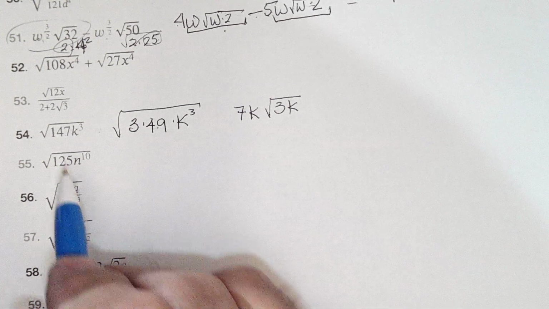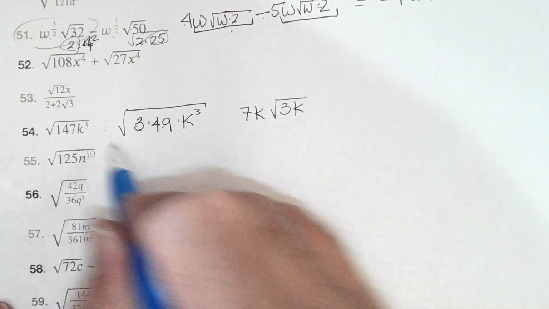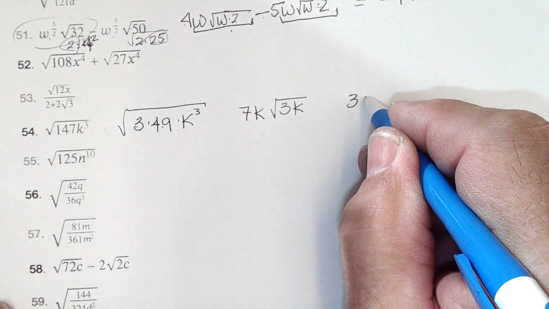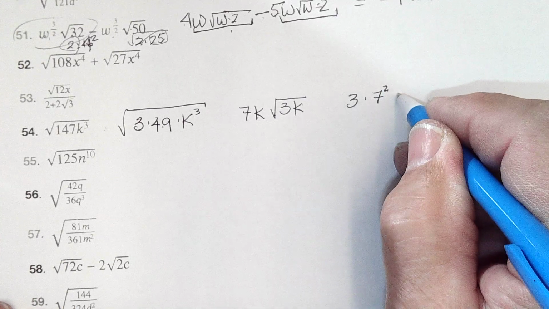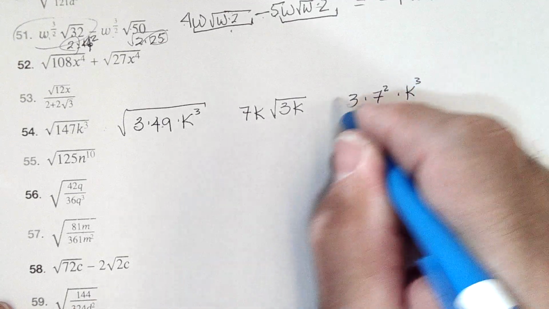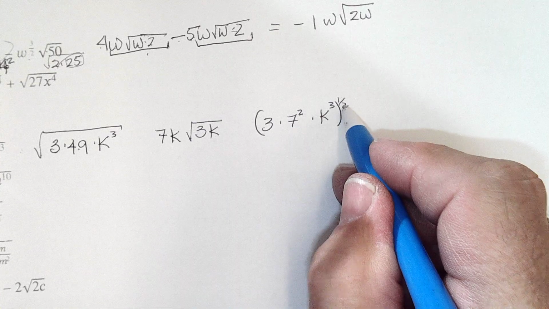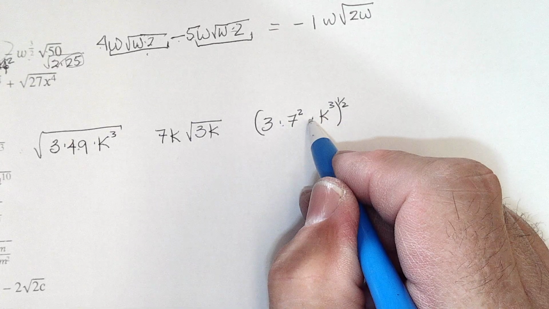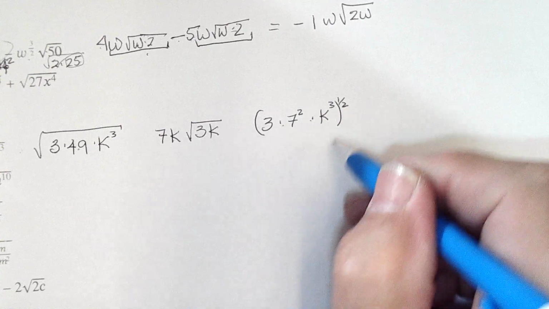Now, another way to look at this is we're doing the square root, so we're doing the half power. So we got 3 times 7 squared times k to the 3rd, all to the 1/2 power. So the 1/2, since this is all multiplication, I can distribute the power. Can't do it if it's got addition or subtraction.